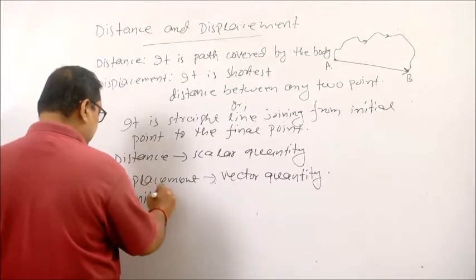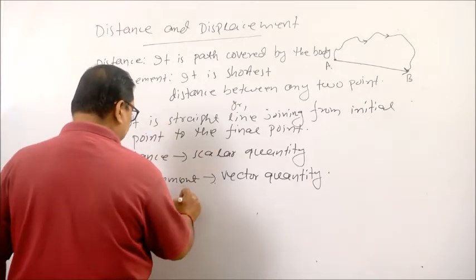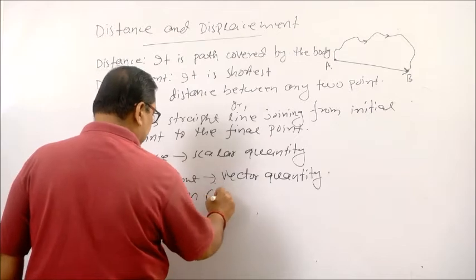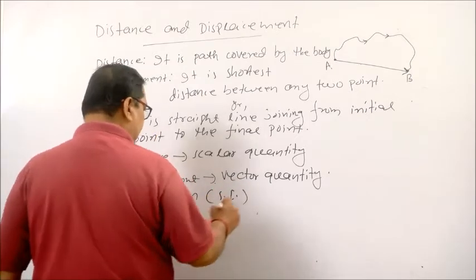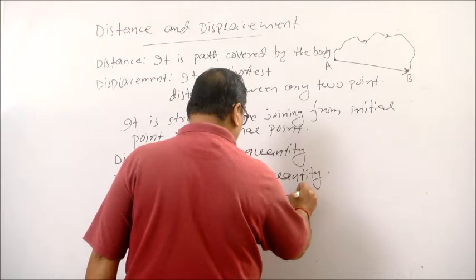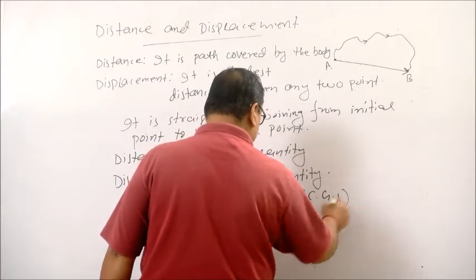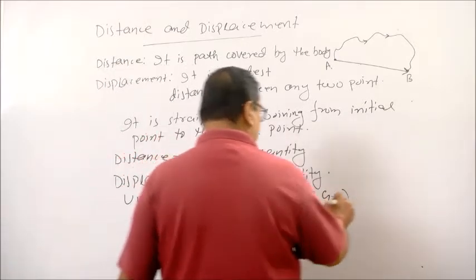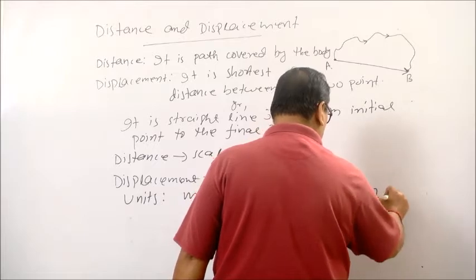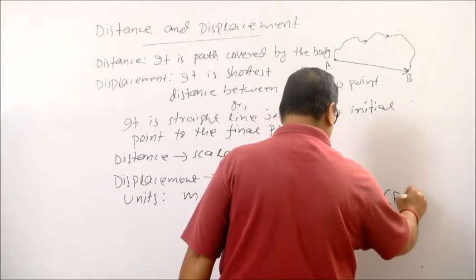So, this is scalar quantity, this is vector quantity. Units: meter in SI system, centimeter in CGS system, foot in FPS system.